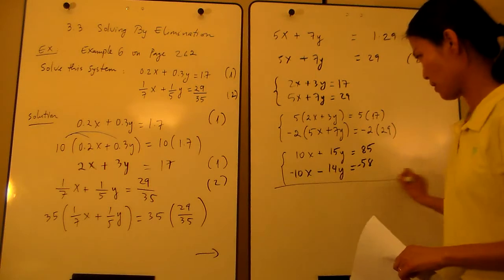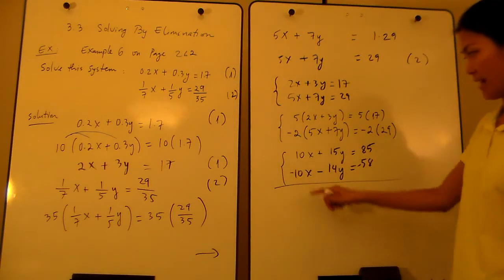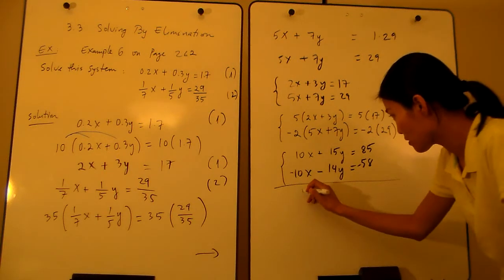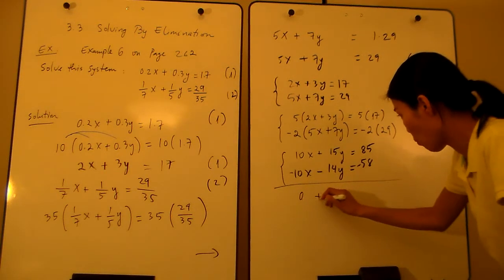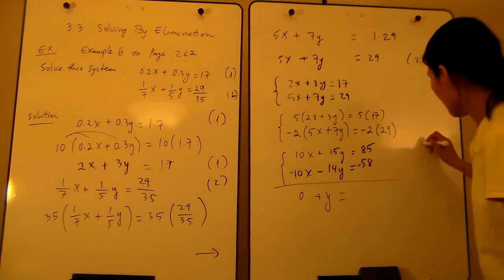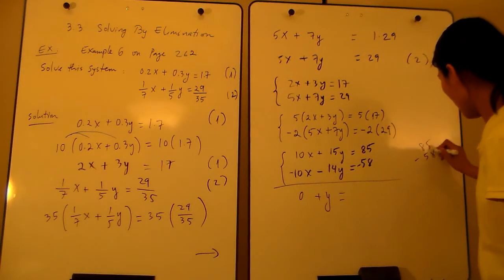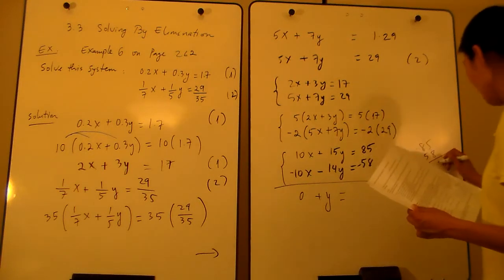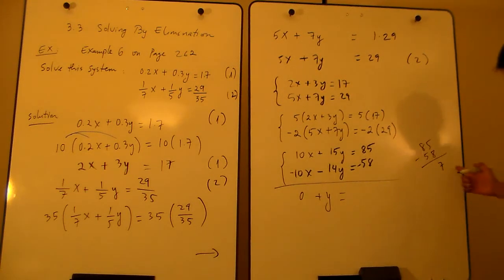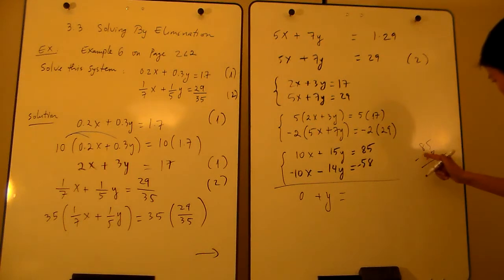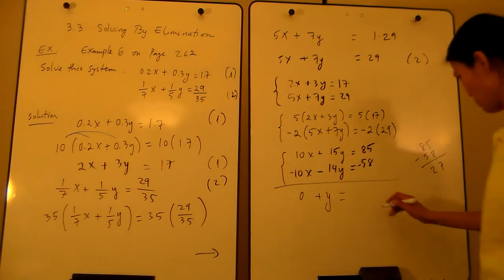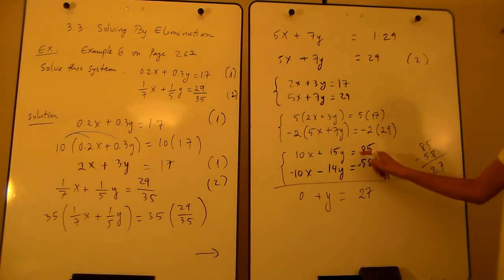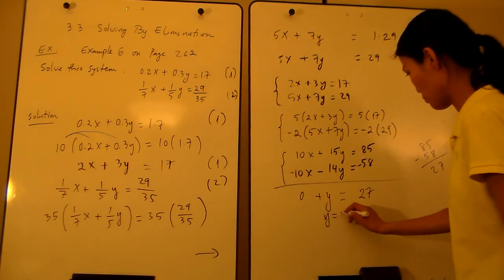Now we can eliminate x because it has the same coefficient with opposite sign. Adding, we get 0. Adding, we get y. Adding, we get 85 subtract 58: 15 minus 8 is 7, carry 1, 8 minus 6 is 2, so 27. Positive because the bigger number is positive. So y is equal to 27.